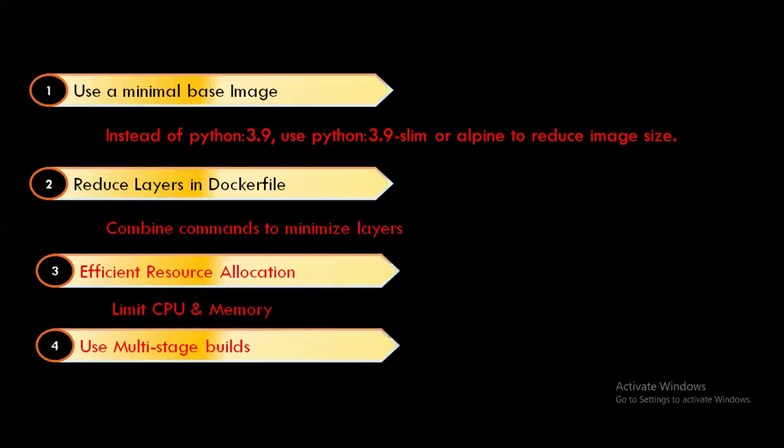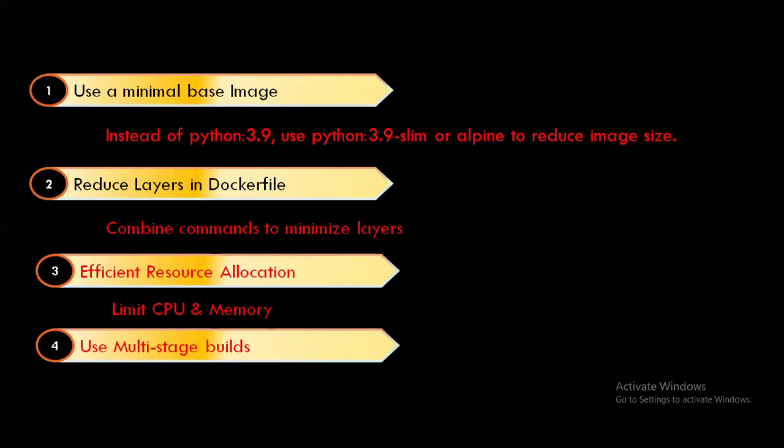And each instruction in your Dockerfile, like FROM, RUN, COPY, creates a new layer. So these layers stack on top of each other to form the final image. Okay. So the layers are cached, which speeds up builds if the earlier layers have not changed.